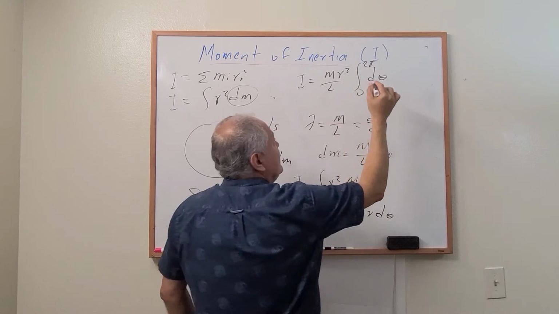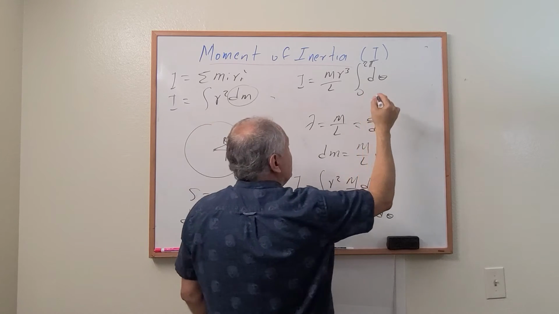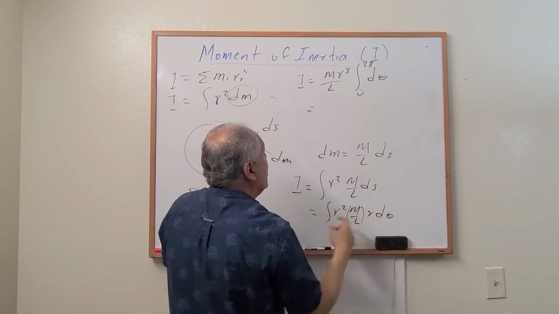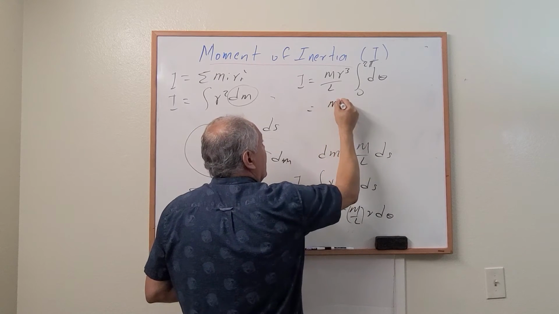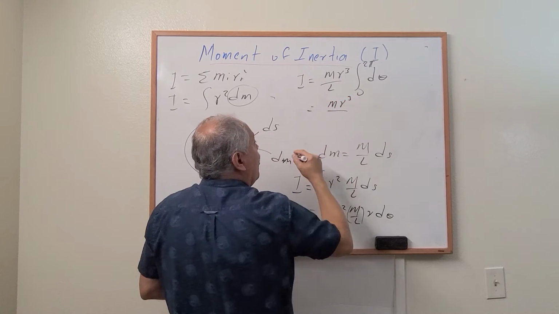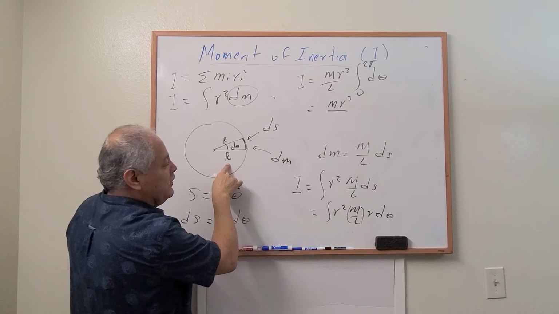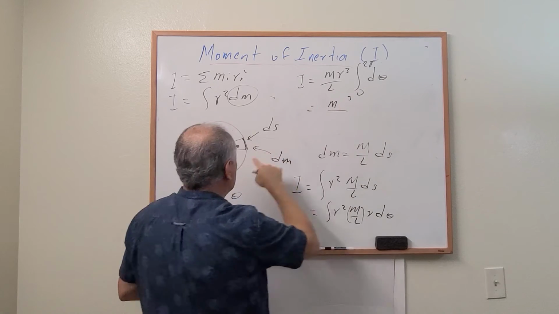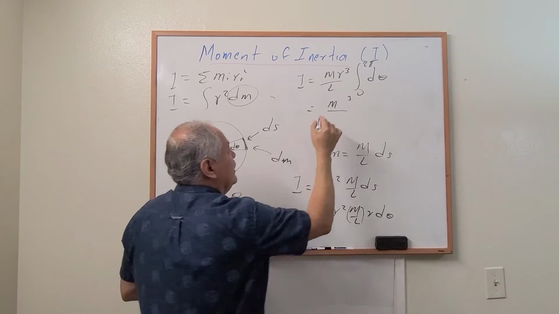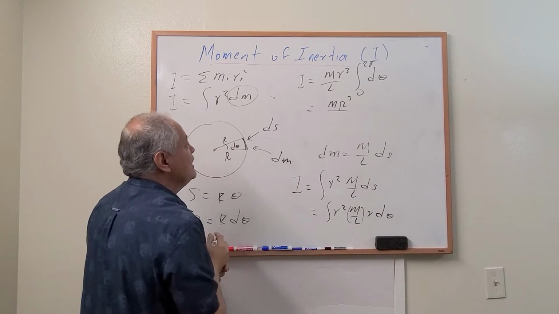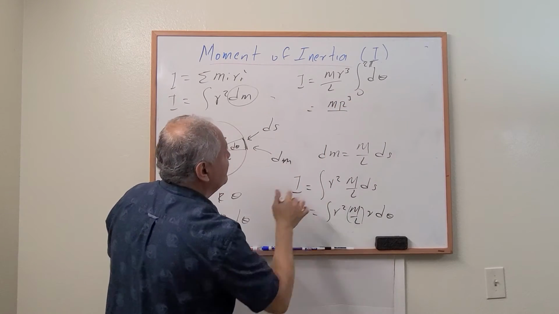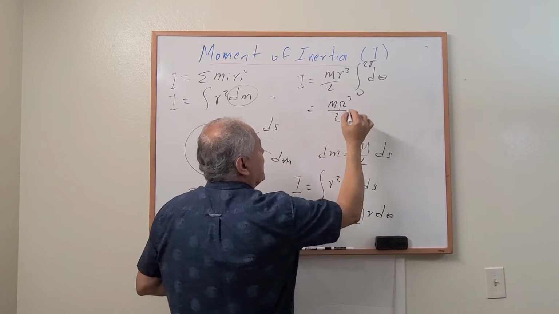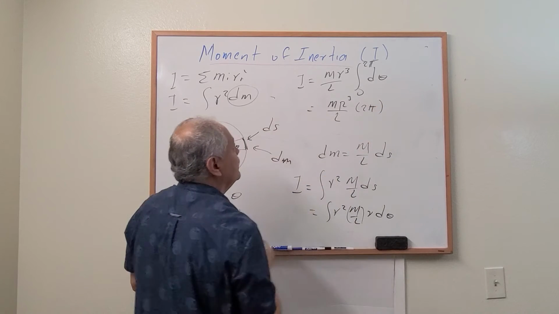When we do that integral, what do we have? This is equal to mass r cubed over L times 2 pi.